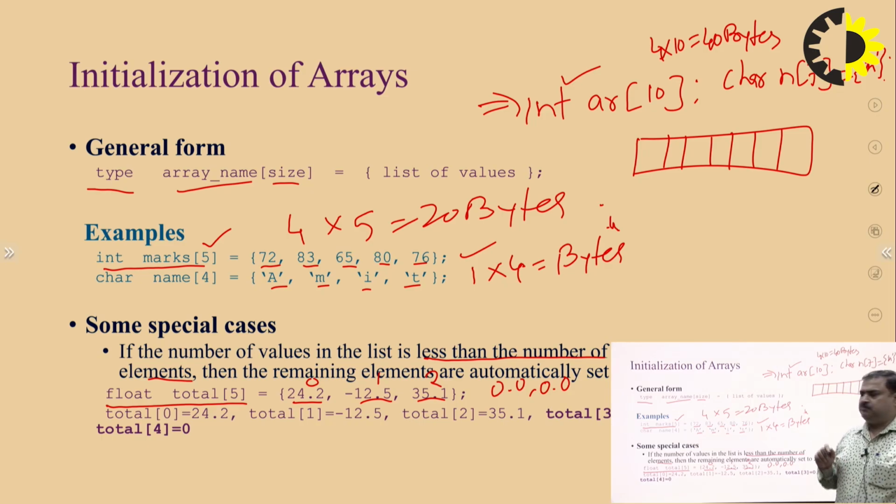In this situation, what will happen? Here a will be stored, but the remaining elements are not supplied at the time of declaration, so the remaining values will be \0, that is, the null character. All these values will be null characters, so they will be default.